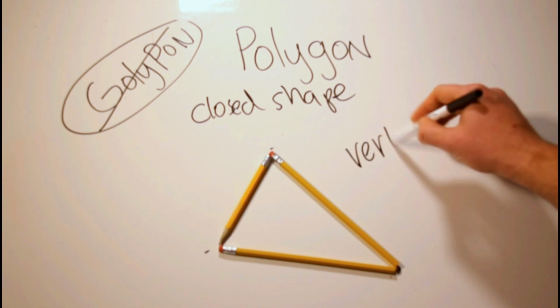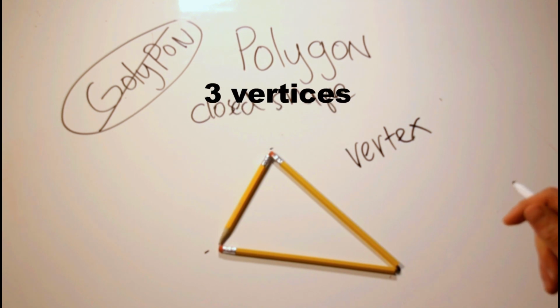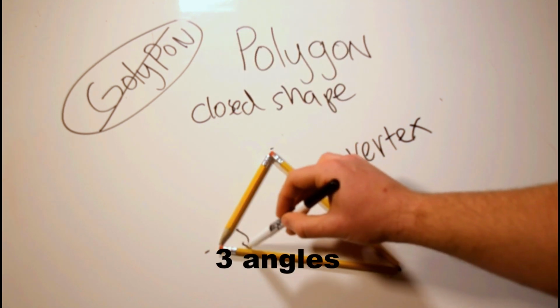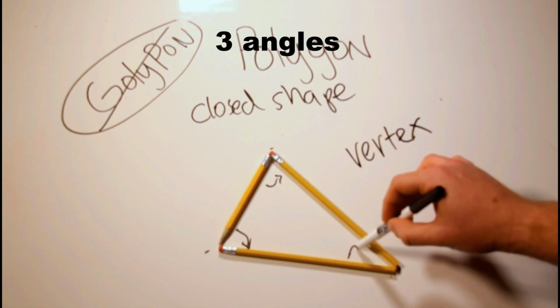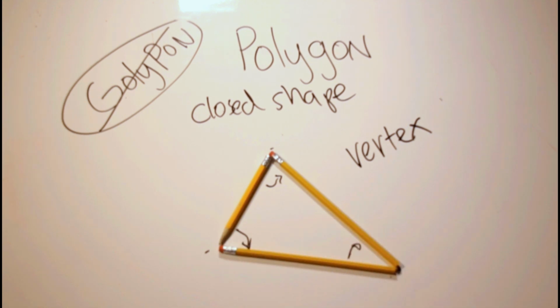So this has 3 vertex or 3 vertices, which sounds really fancy. And then it also still has 3 angles. But what's different is it has 2 sides that are the same and 1 that's not. And this is a specific type of triangle. All right, and this type of triangle is called isosceles.